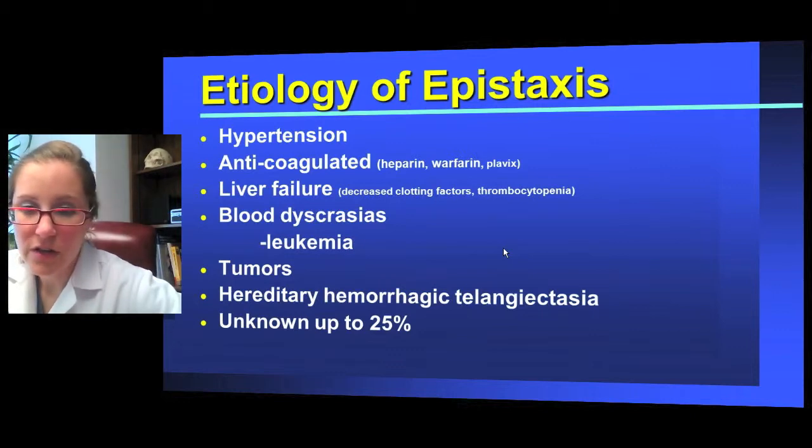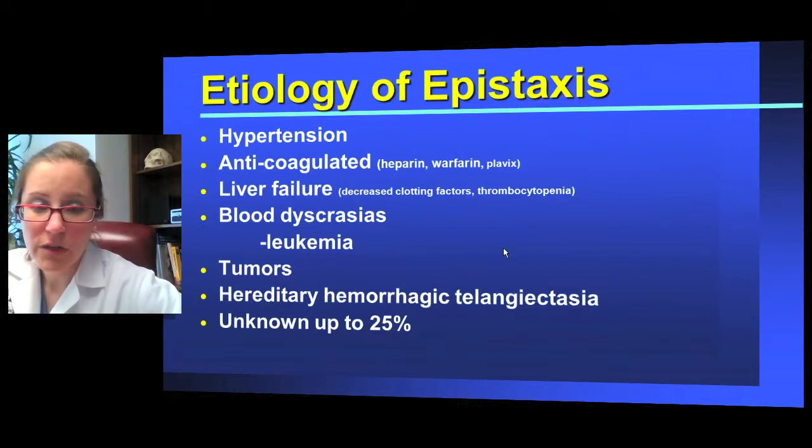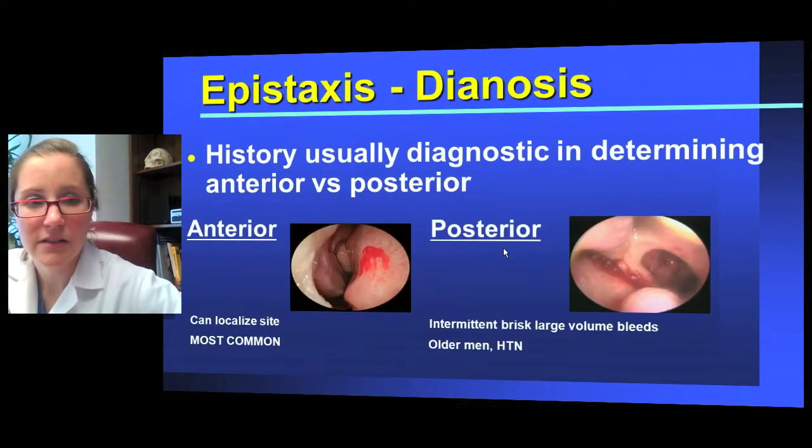It's also known as Weber-Rendu-Osler syndrome. It is known to have patients with recurrent large volume bleeds related to arteriovenous malformations within the nasal cavity. A large percentage of patients, up to 25%, do not have an underlying cause of their epistaxis.